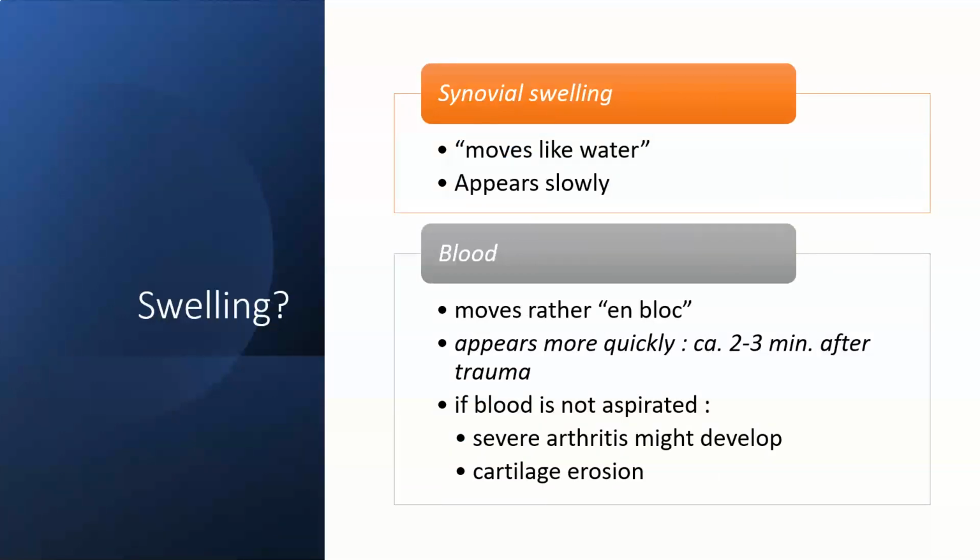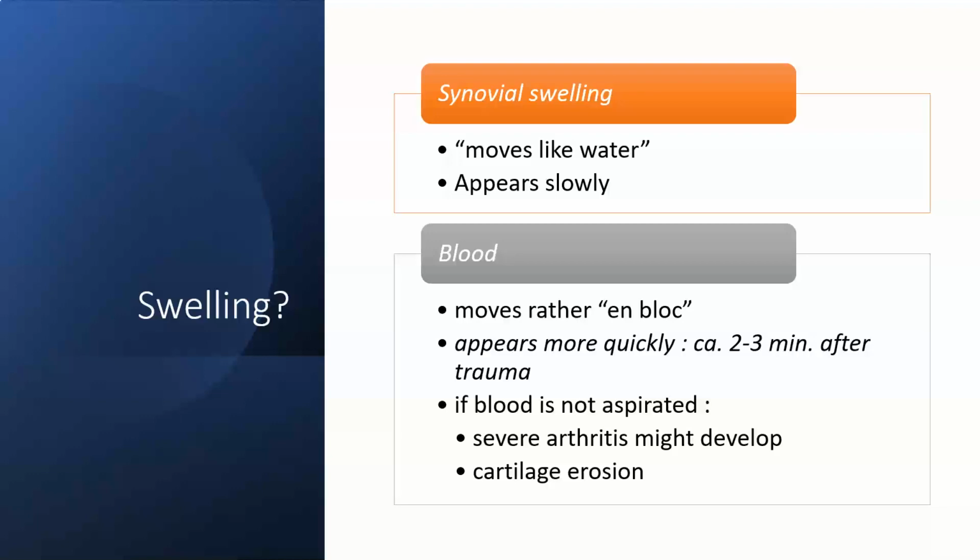We have different tests in the examination for swelling, and you can play a little bit with this swelling. But more important, there was a trauma, and the swelling is coming later, not immediately after the trauma. Perhaps the swelling is coming 1 hour, 1.5 hours later. Remember the post-traumatic capsular reaction.